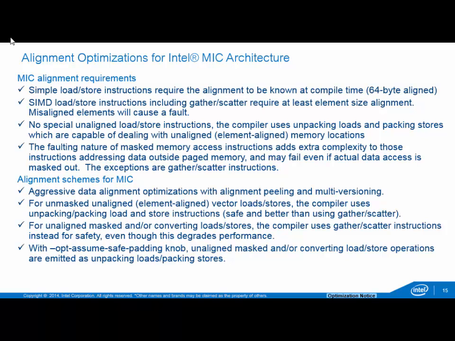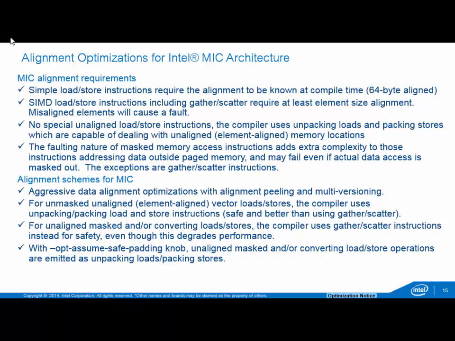Given those requirements on the Intel MIC architecture, alignment really is one of the key factors for getting performance. So the compiler does very aggressive peeling and optimization when you vectorize for the Intel Xeon Phi MIC architecture.